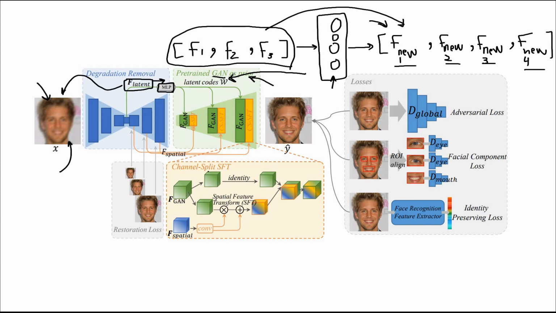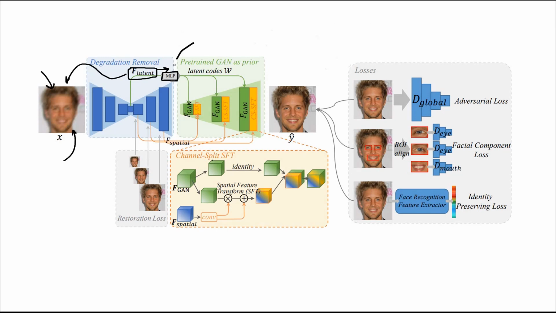And of course, we will train these dense layers to get this suitable feature vector. So we will train these dense layers to map this feature vector to the closest latent code in this StyleGAN.